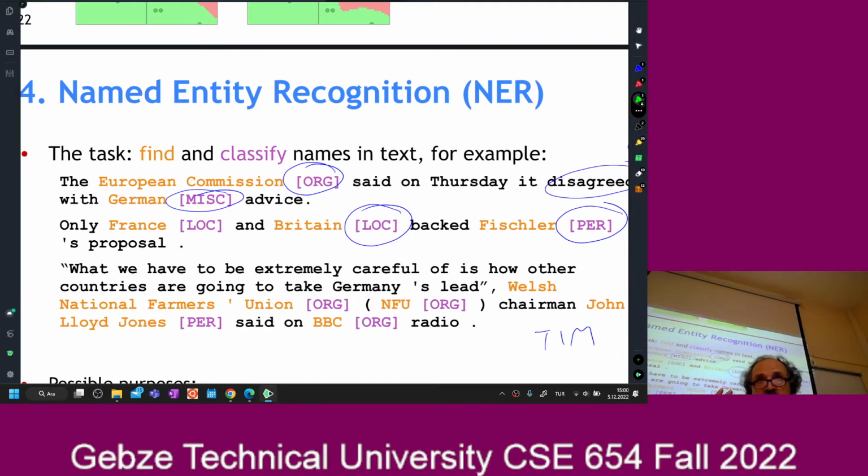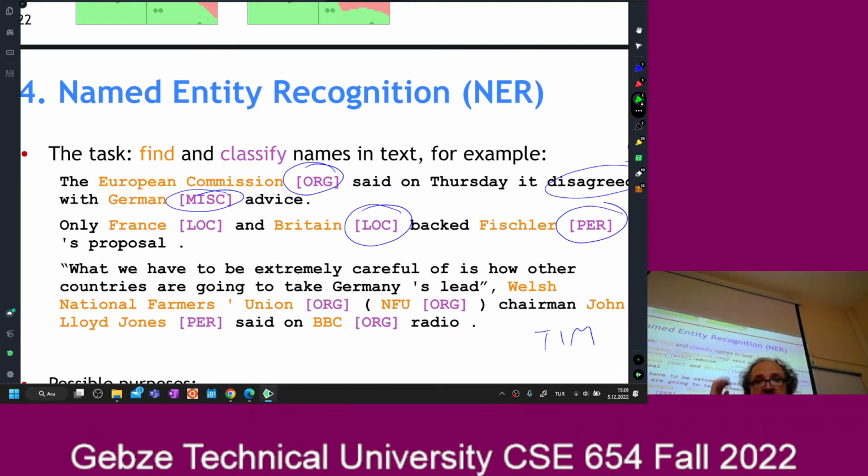I am not looking for İsmet İnönü Bulvarı. I am looking for İsmet İnönü as a person in those sentences. İsmet İnönü University, İsmet İnönü Mahallesi, I don't care about those. All I care about is İsmet İnönü as a person. İsmet İnönü was the president of Turkey between this and that. So I need to mark it as a named entity and find it.